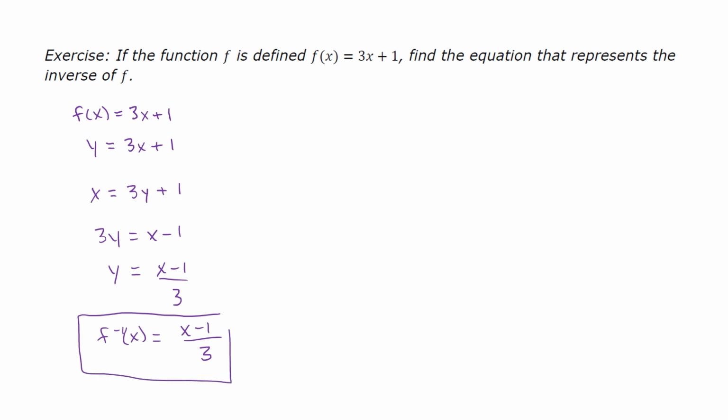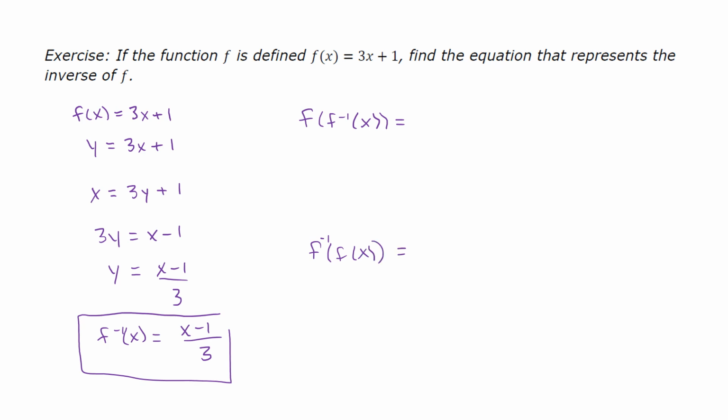Okay, so to verify, I'm going to find f of the inverse of f of x and make sure that it equals x. And I will find the inverse of f of f of x, and make sure that also equals x.